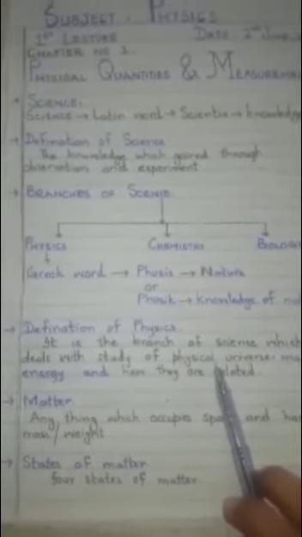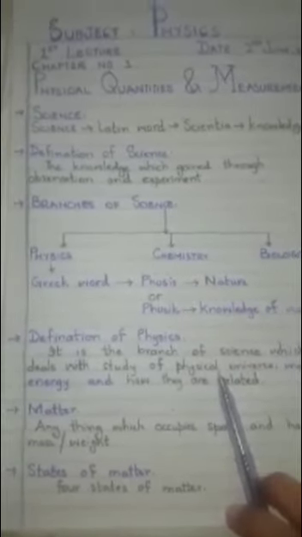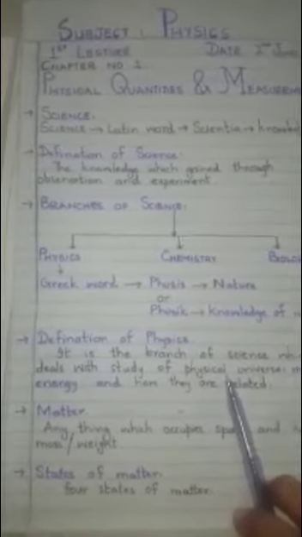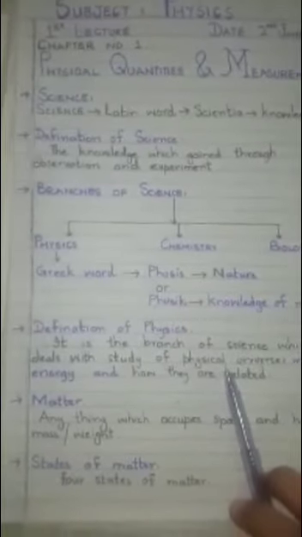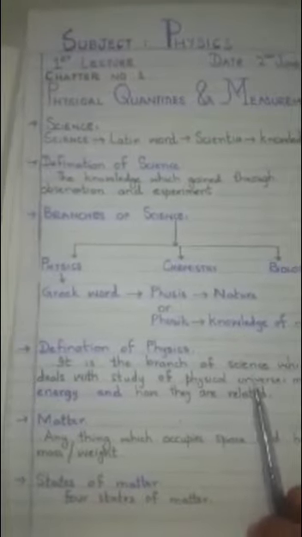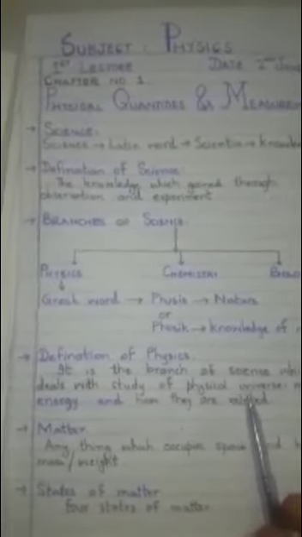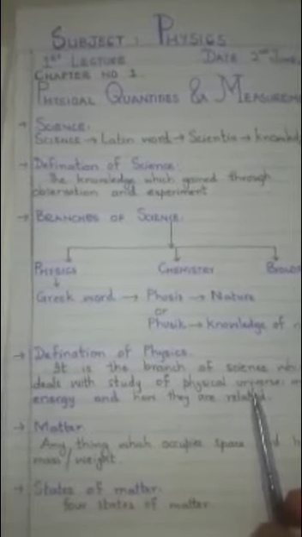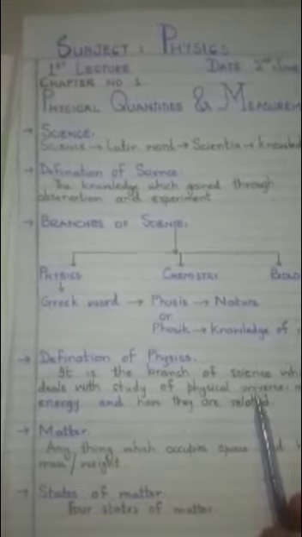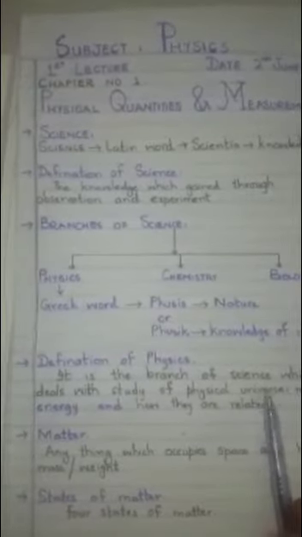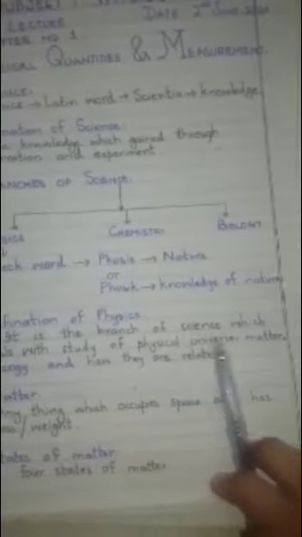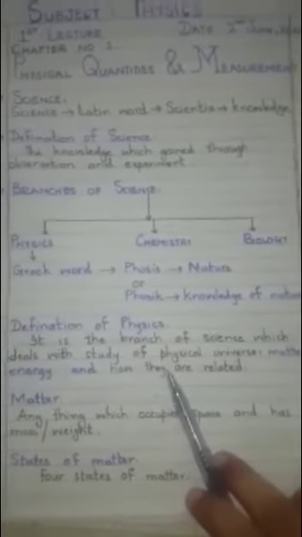Physical, as its name indicates, is something which we can observe, touch, or feel. Physical universe means anything in the universe which we can feel, touch, or observe. So that is included in the physical universe: matter and energy.